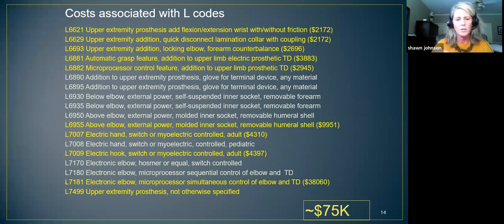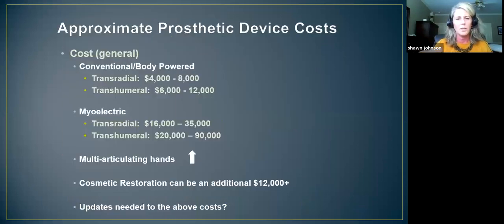So I've added up all these numbers for an above elbow, basic, standard tripod grip, old timey hand, and that's about $75,000. I don't want to deliver a state-of-the-art device, or even not state-of-the-art device, and then have it just end up sitting in the closet. So real quick slide just to again show the costs of prosthetic devices.